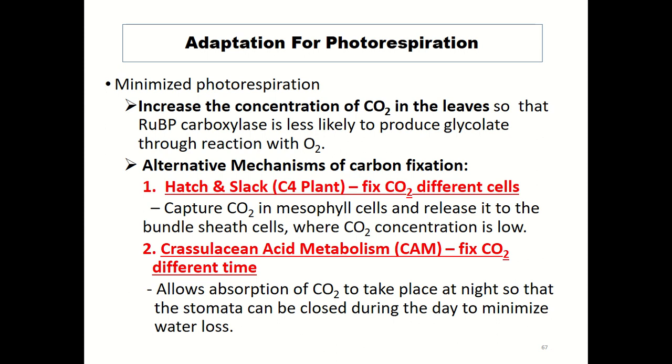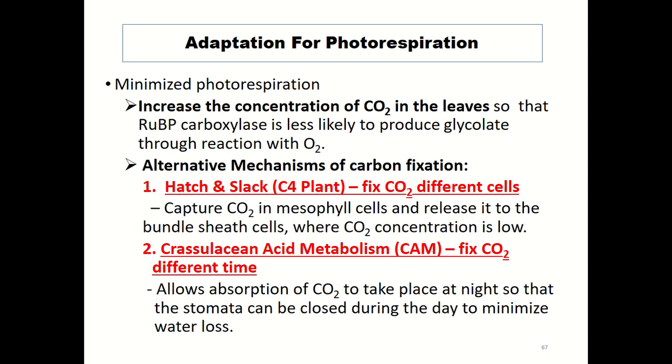So the adaptations for photorespiration. How to minimize the photorespiration process? First, we have to increase the concentration of carbon dioxide in the leaf so that ribulose bisphosphate carboxylase, or the enzyme Rubisco, is less likely to produce glycolate through reactions with oxygen.